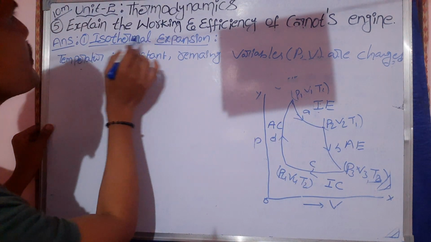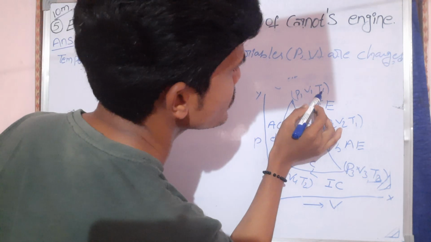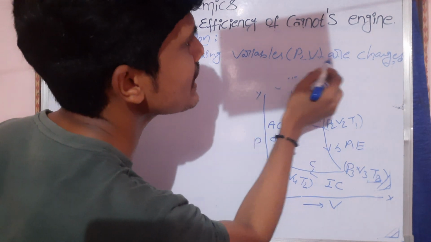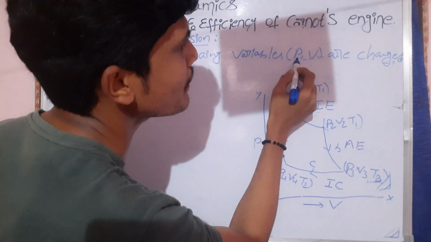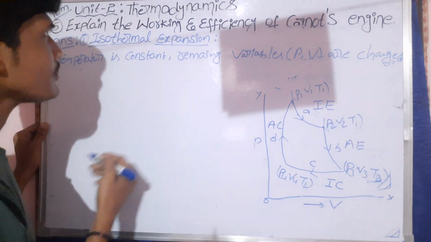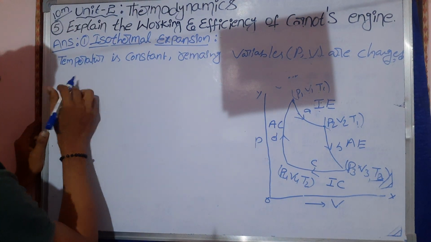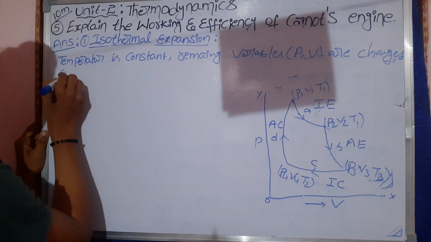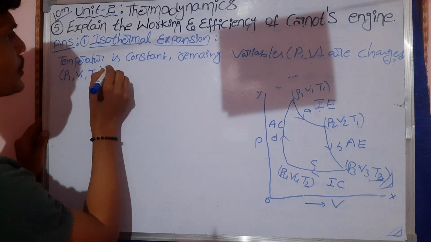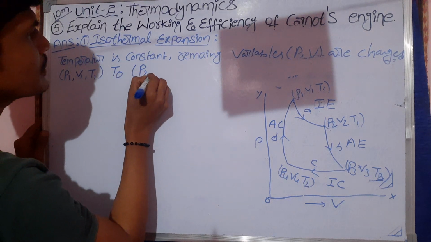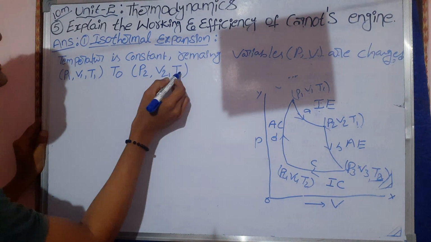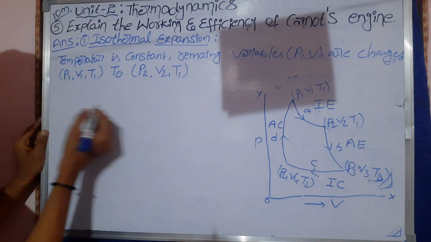Temperature T1 is constant, and the remaining variables P and V are changed. The state changes from P1, V1, T1 to P2, V2, T1.